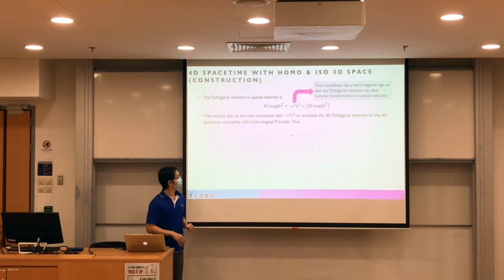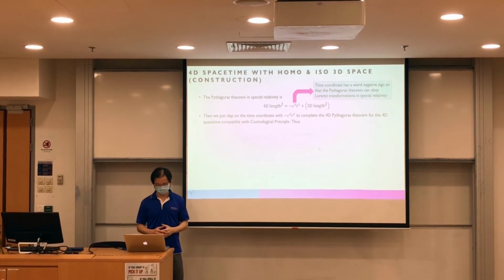Now, we already established that the homogeneous and isotropic Pythagoras theorem is the scale factor and the 3D length square. So now to make it 4D, you just need to slap on the time part, following the negative sign.